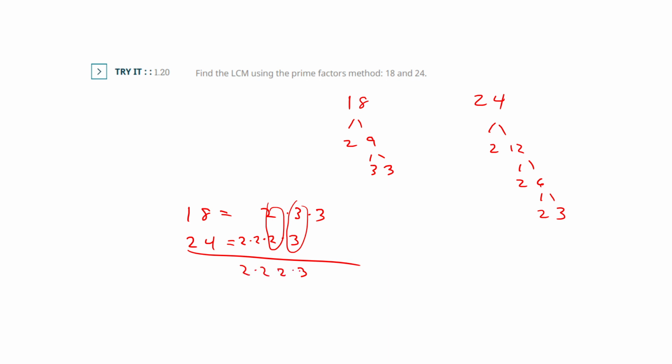Everything else is going to just come down. So I shared a 2, shared a 3. Anything they don't share comes down. So I just need to multiply this out. What have I got? Oh, that's easy. 8 times 9, so we get 72. And if you had done the brute force approach, you'd get the same number. This is the smallest number that they can both become. And the way I find out is by sharing the factors get counted once, and everything else just comes down.